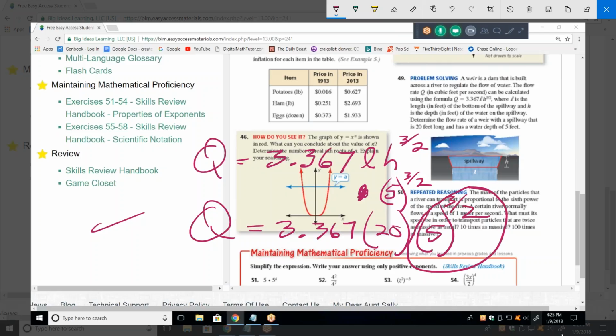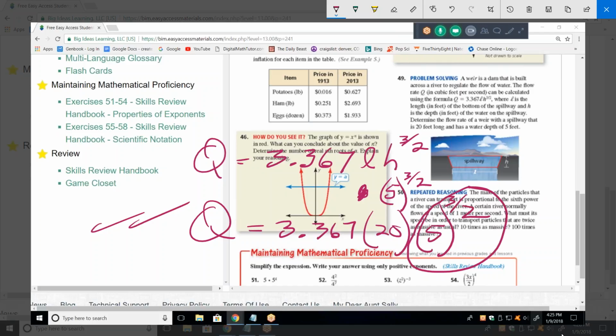And if you're on a TI-84 or less, even I don't know about the TI-89, you've got to be pretty careful about how you put that in. It's pretty easy to get it in wrong if you don't put in the right amount of parentheses. So there's never any problem in doing it the way I suggested, which is to take 5 to the 3/2 power.